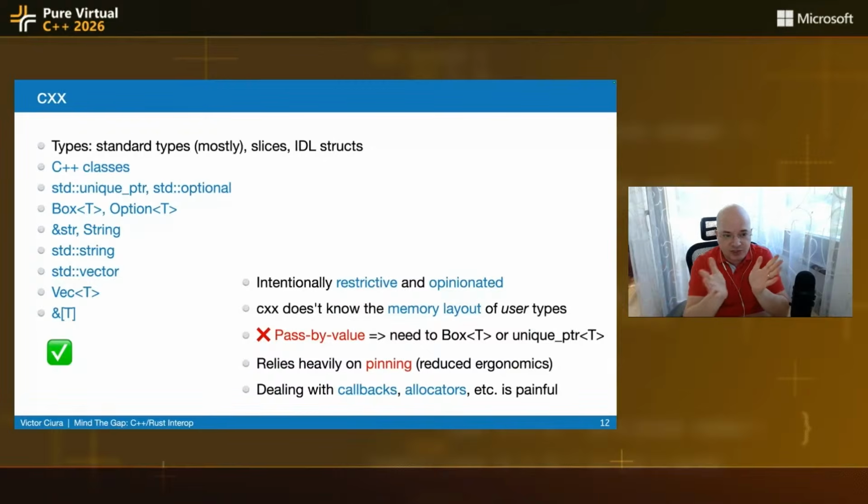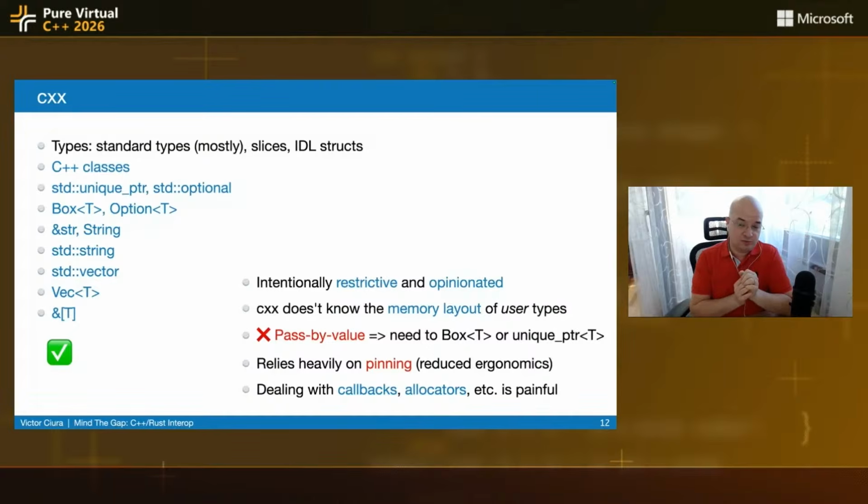You can use standard strings on both sides of the interop boundary, slices, vectors, everything you would expect. So it checks a lot of boxes. And that's what makes it a very popular solution for many interop projects that expect to operate at a higher semantic level than the C BindGen solution that we saw earlier. So it is very popular for this reason.